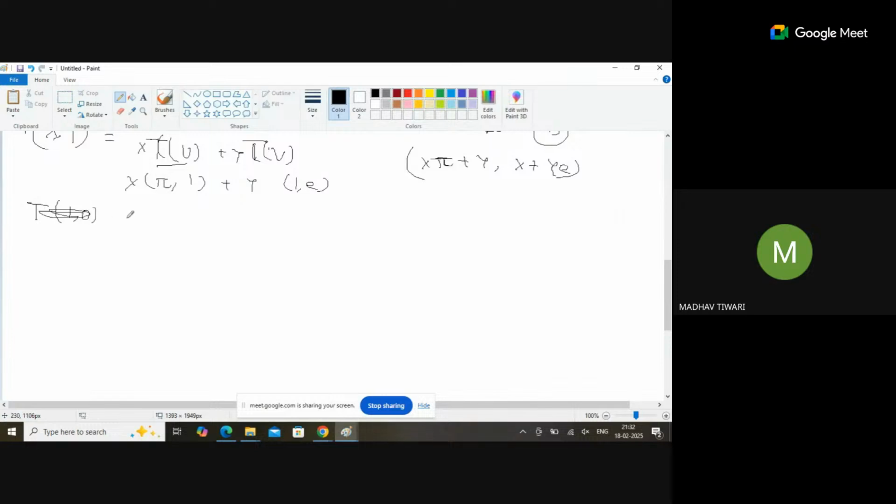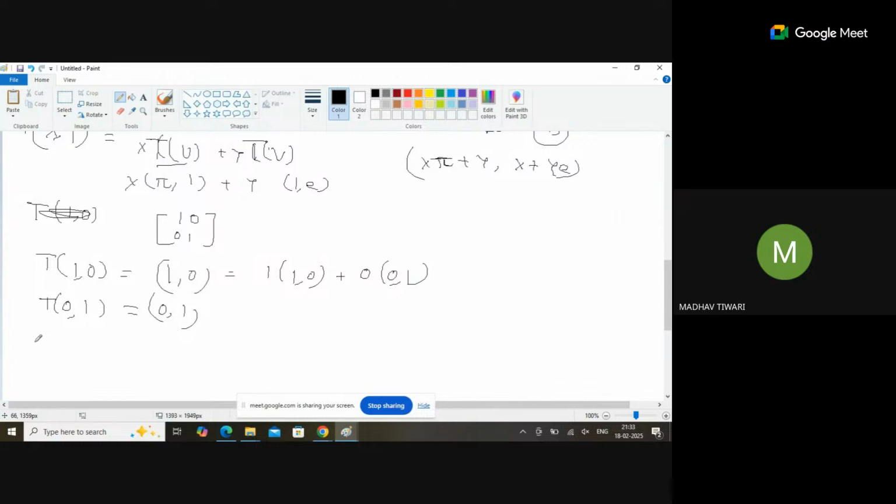So it is the identity matrix, and if I transform 1 comma 0, it will be transformed to 1 comma 0. Or you can write 1 times 1 comma 0, the same thing. And similarly 0 comma 1 goes to 0 comma 1.